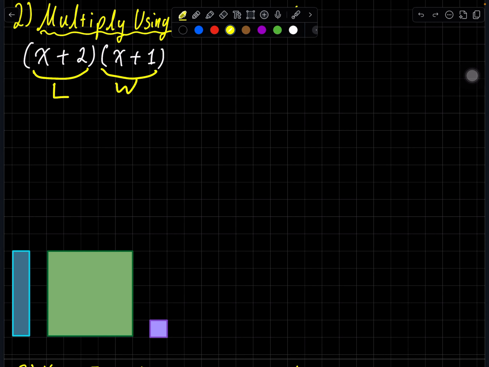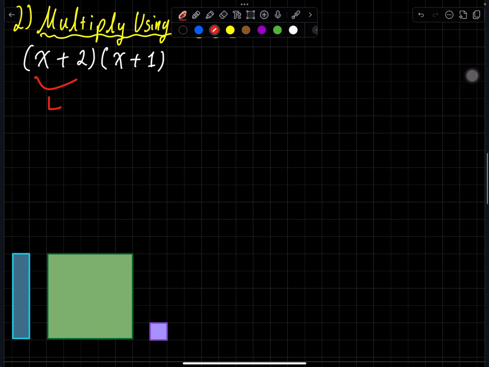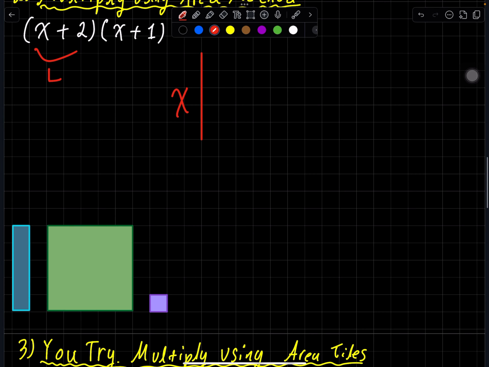So first things first, let's see how to make a dimension for the length of x plus 2. What we would want to do is make sure that we have a length of x and then 2 extra units.